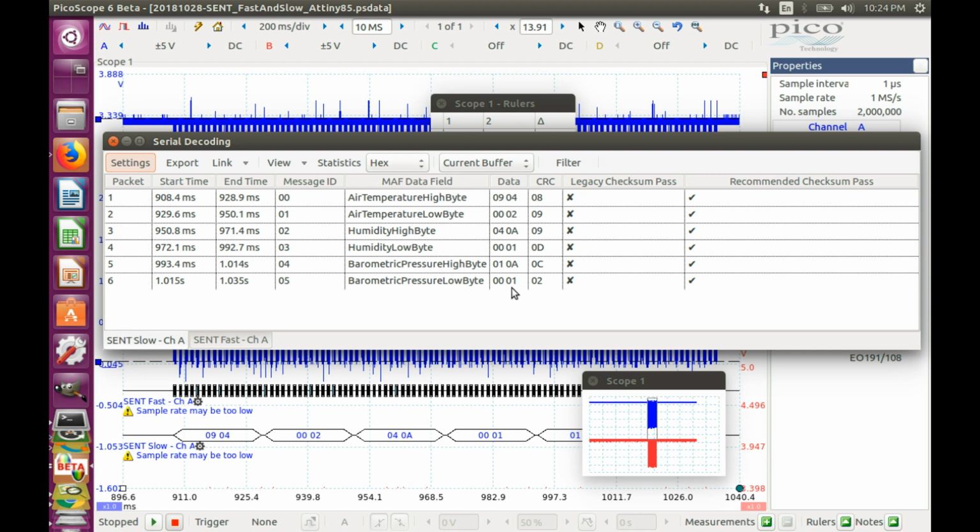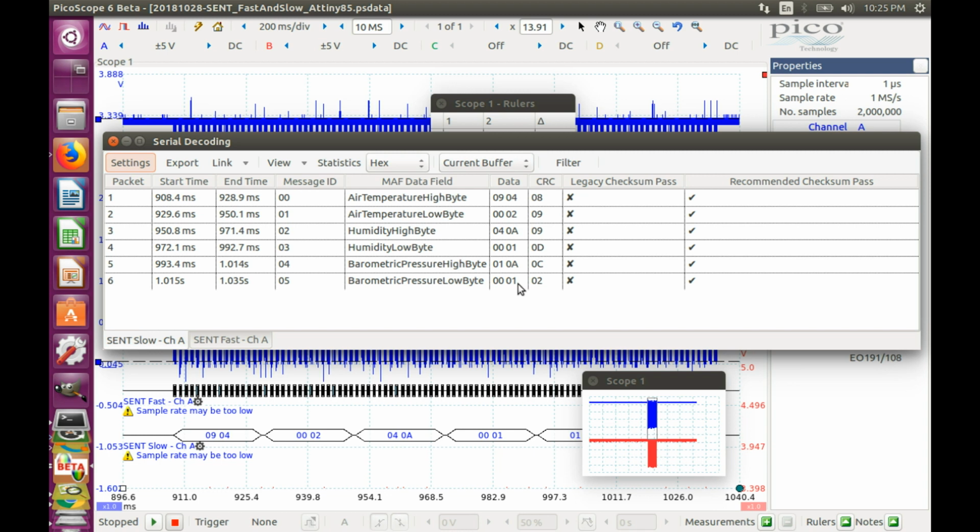Maybe a little bit warmer because the chip gets a little bit warm by working, consuming some current. So again, we are able to interpret this value.